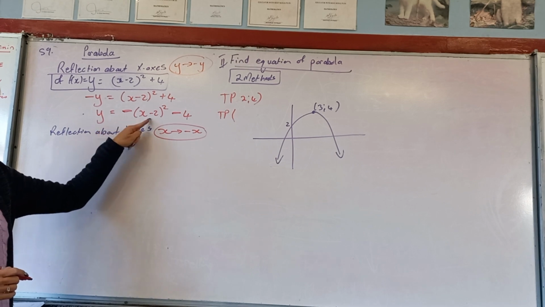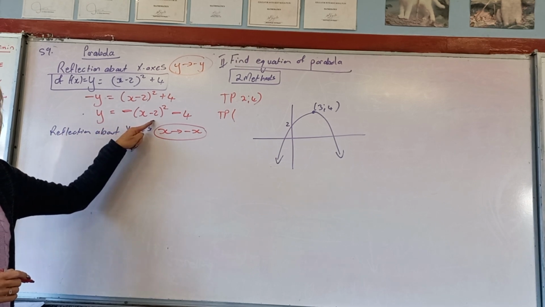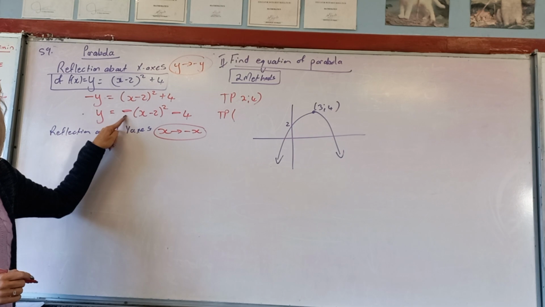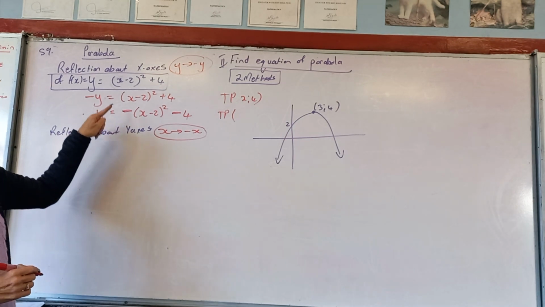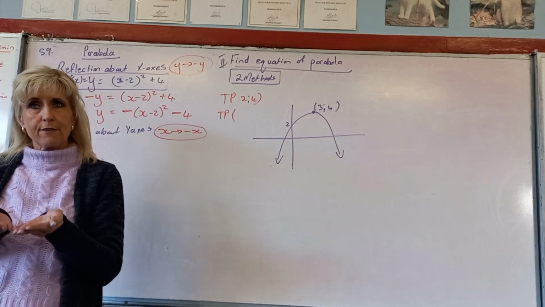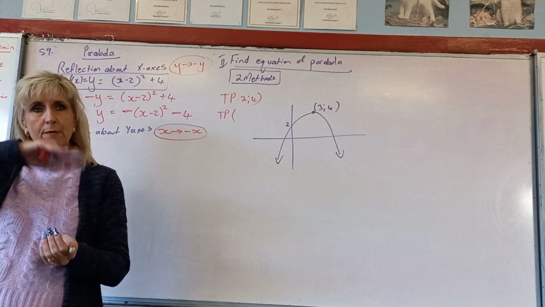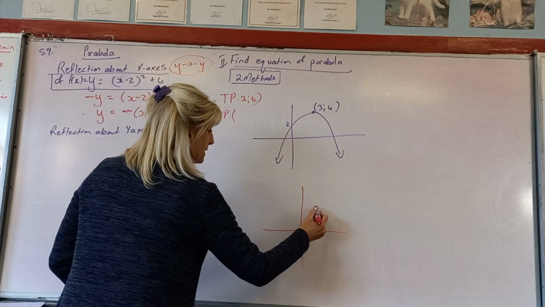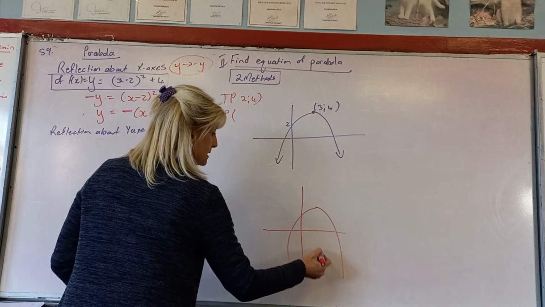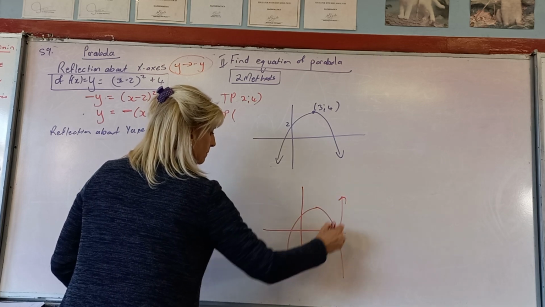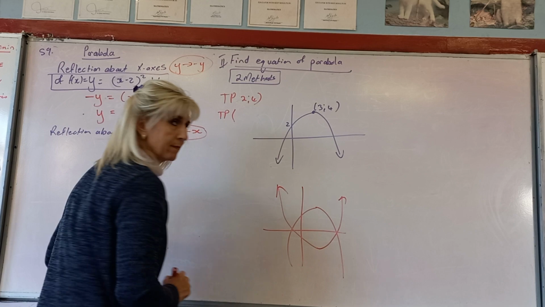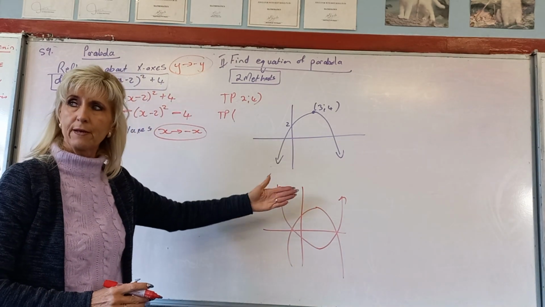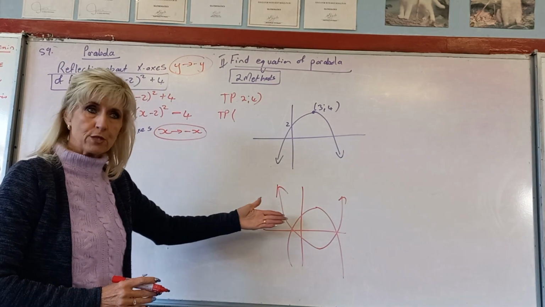Does this change the 2? Nope. This just changes the shape. If this was a positive parabola, it's now going to be a negative. Think about it. This used to be your parabola. It's now going to look like that, to make it reflect about the x-axis. So that's what the negative does.